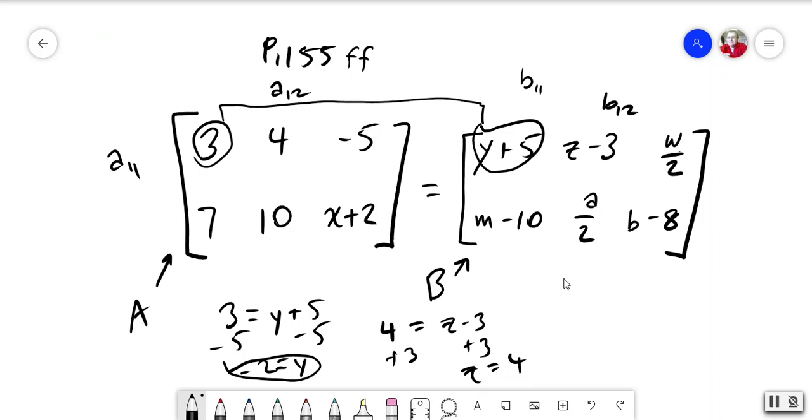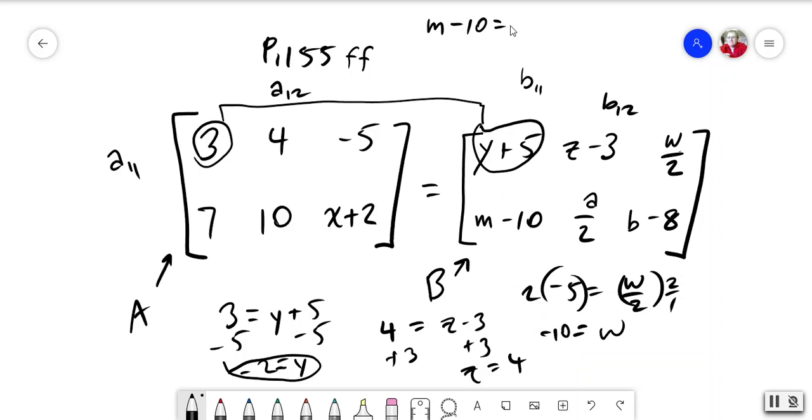And then you get negative 5 equals w over 2. Multiply both sides by 2 over 1. So w equals negative 10. And then m minus 10 equals 7. I'm writing it in a different order just because I can. m equals 17.